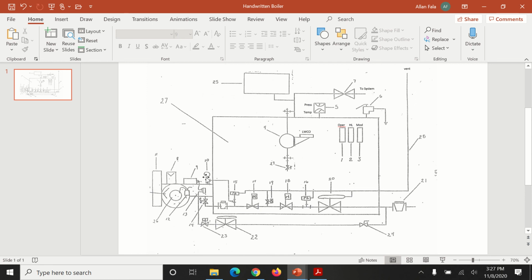This gauge right here, Danny had it listed as something that it really wasn't. This is actually the manifold gas pressure. And you see how there's a T that reads manifold gas pressure and then goes back here to this switch, number 15, which is actually the high gas pressure switch. Well, you cannot have gas bypassing this line going right into the manifold.